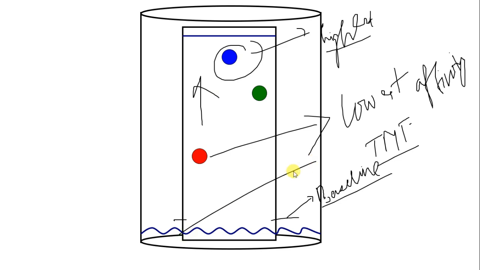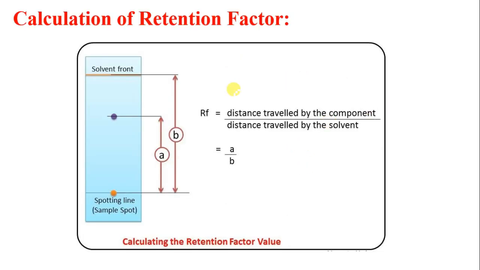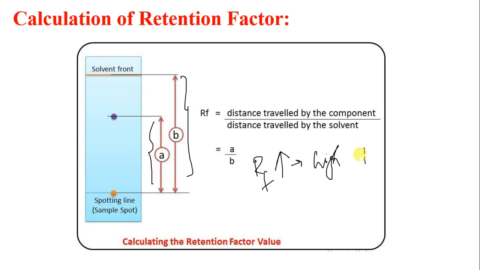Now this is the RF. RF is called the retardation factor. It means the distance traveled by the component. Component means this one, so this is your A and this is your B. RF means the calculation for A. If RF is high, it will be high migration, which means we have higher affinity towards the mobile phase.